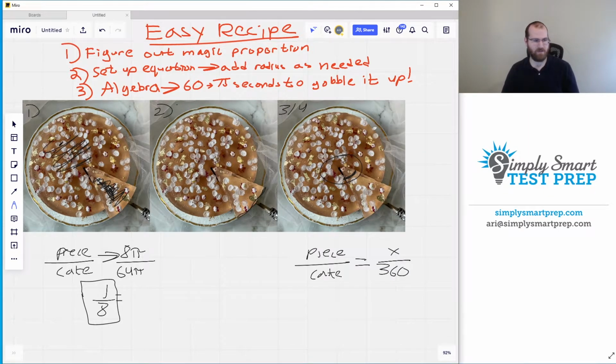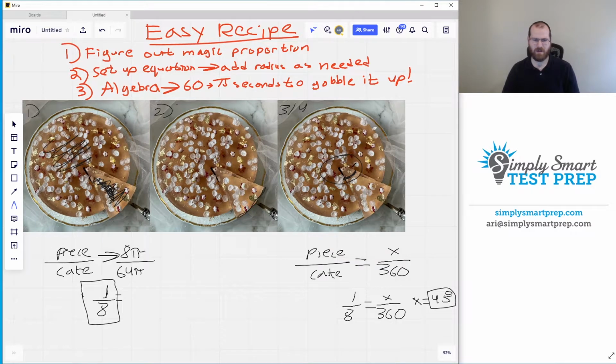And from number 1, I gleaned that 1 over 8 is going to be the magic proportion. So 1 over 8 equals x over 360. X is going to equal 45. So there are 45 degrees in this angle.